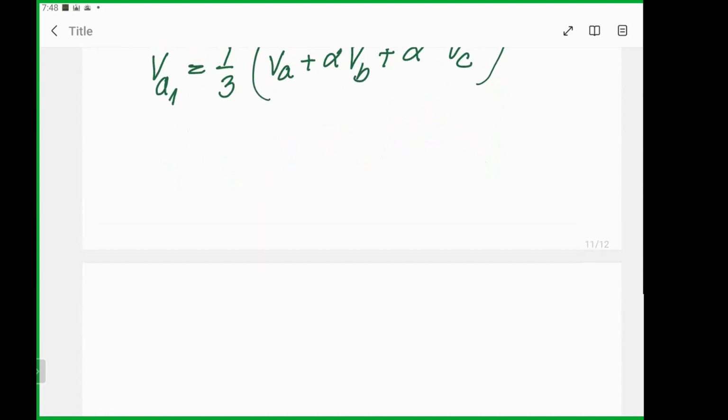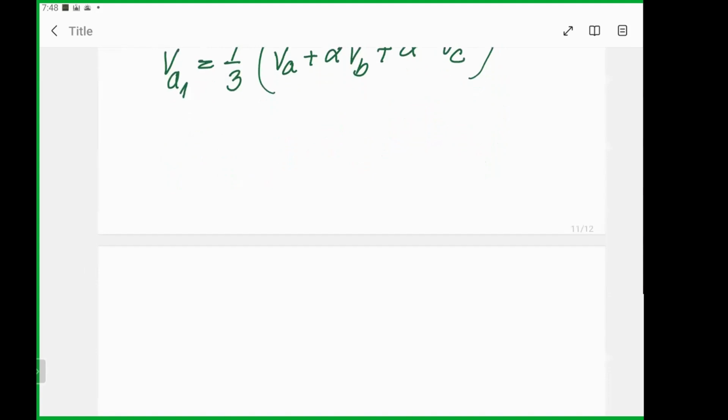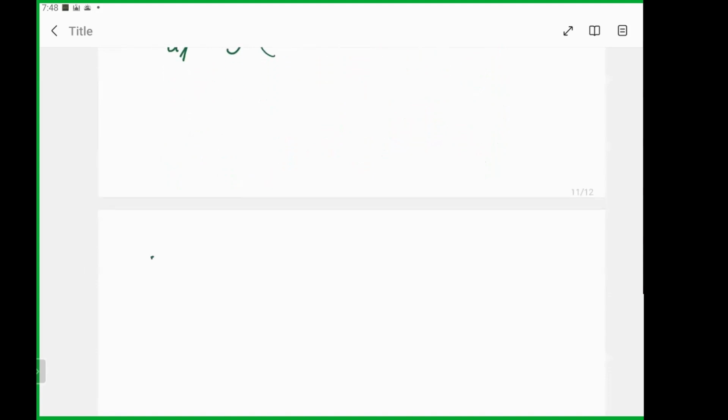Fine. So we'll use the formula and then we'll just write down this formula and carry out the calculations. And I think some of you will help me. So this is VA1, and that is given by 1/3, and then VA plus alpha VB plus alpha square VC.